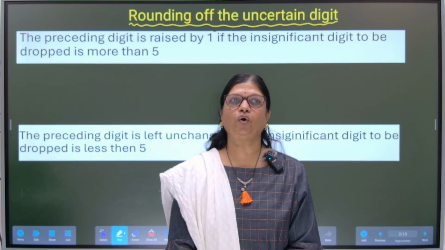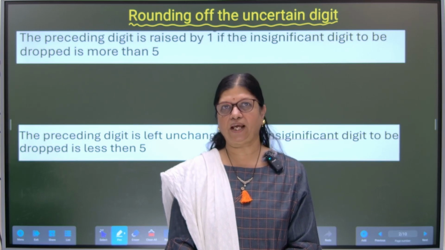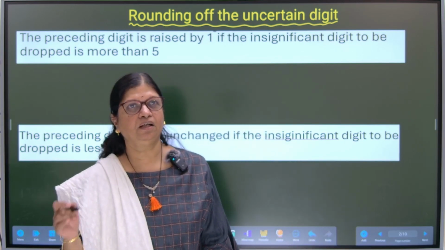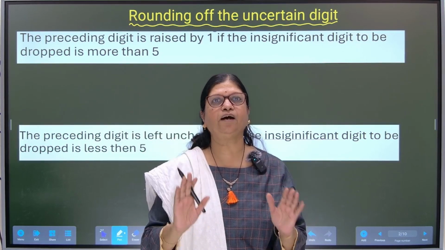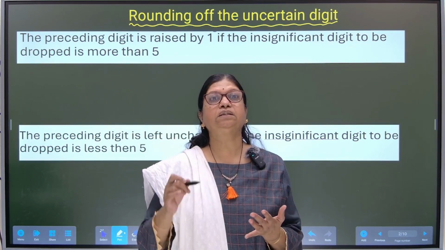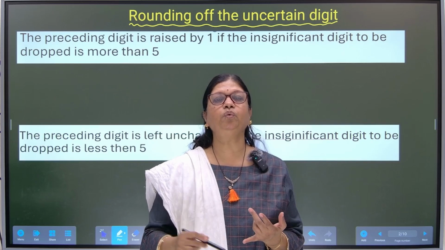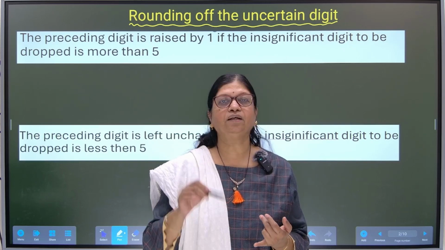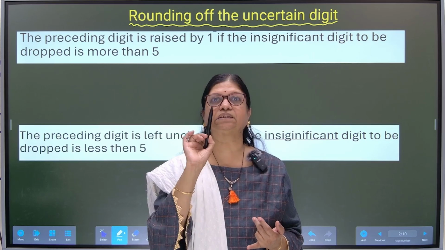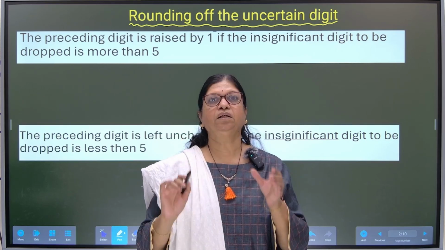Now we have already learned how to write down the significant numbers or figures for a given number that is in our mind. But sometimes we have to round off the given number such that we reach the correct significant numbers.